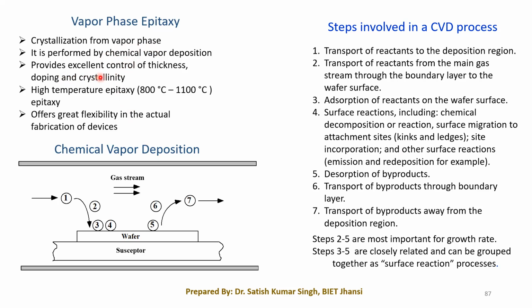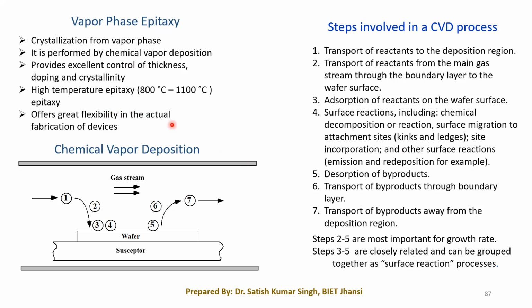This is generally a very high temperature process, from 800 degrees centigrade to 1100 degrees centigrade. It may go up to 1200 degrees centigrade, even 1250 degrees centigrade. So it is a very high temperature process, and it has great flexibility in the fabrication of devices.